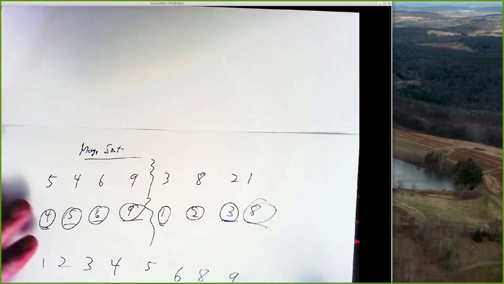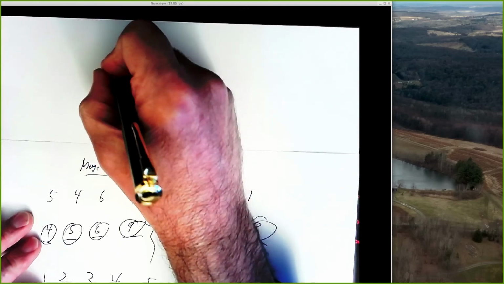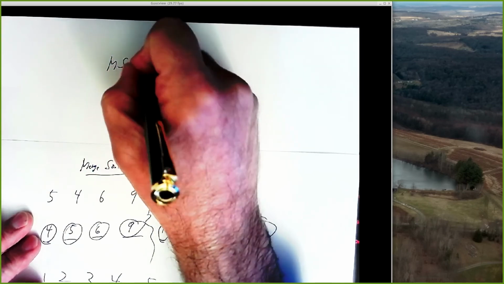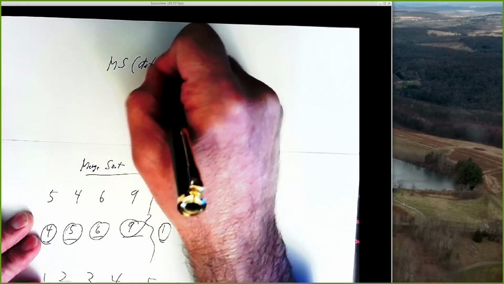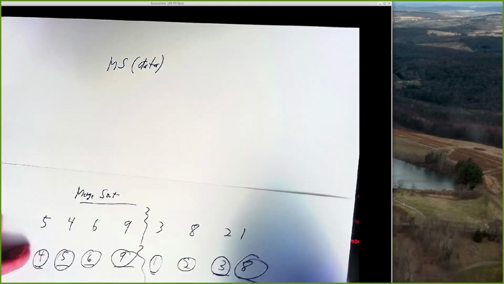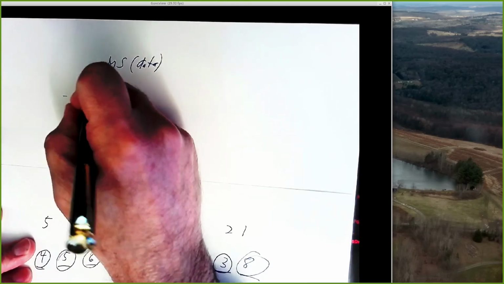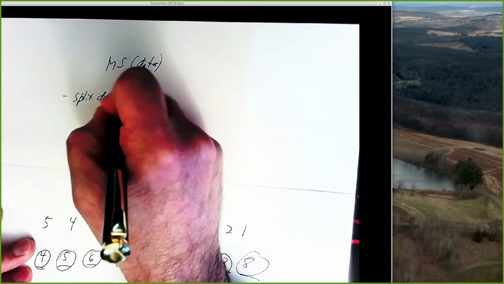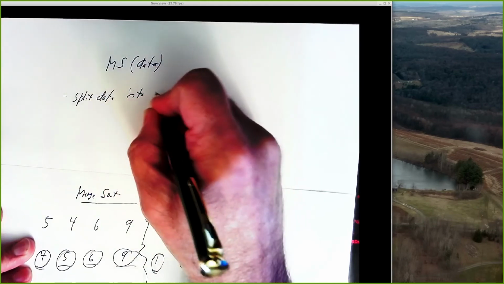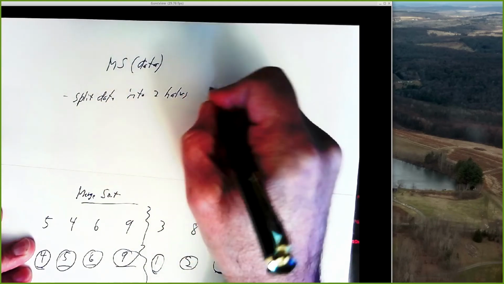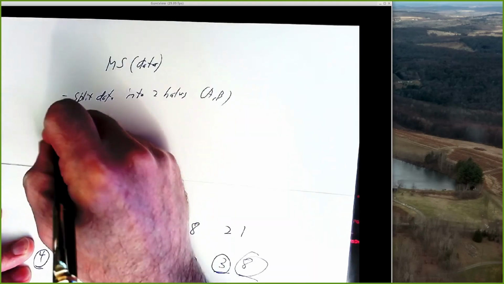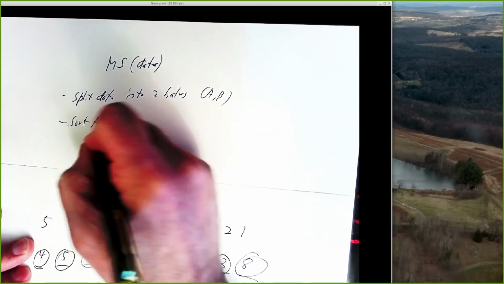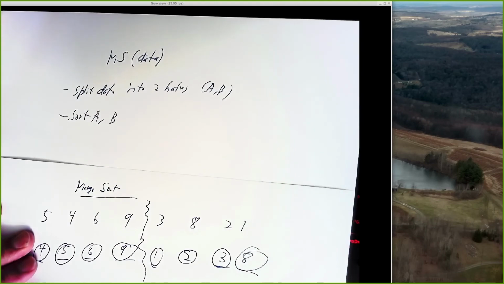So the pseudocode looks something like this. So merge sort data. So split data into 2 halves. Sort each of those halves independently.